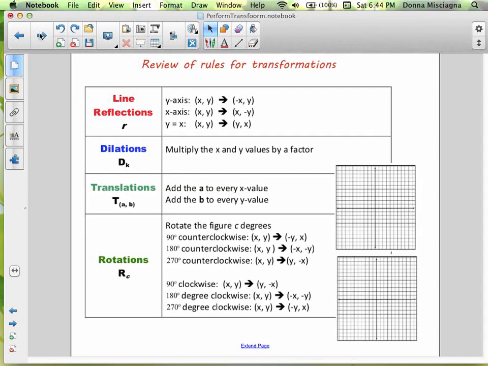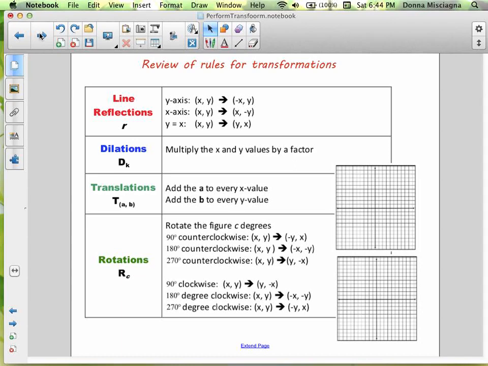I'm just going to illustrate the different rotations in that rotations box, because I think it can be a little confusing. Even though it's very helpful in terms of having a handy way to refer to the rules, it might be a little confusing if you're just looking at (x, y) maps to (-y, x) and (x, y) maps to (-x, -y) and so forth. If I draw it, I think maybe that'll click in your head a little bit more.